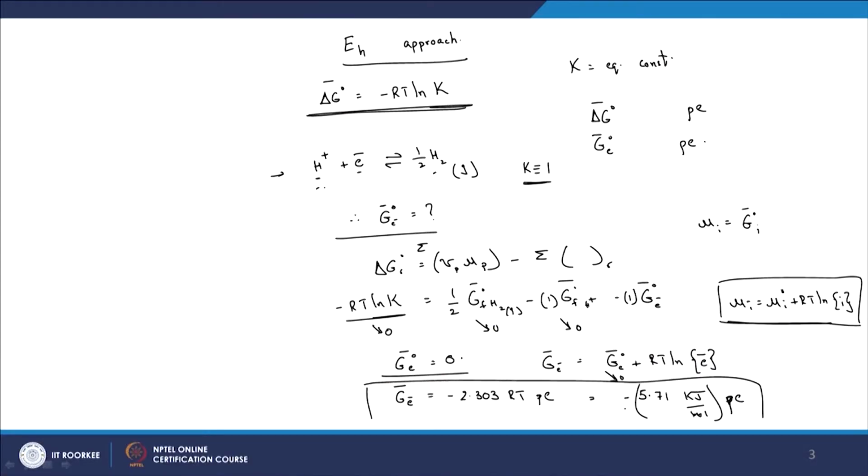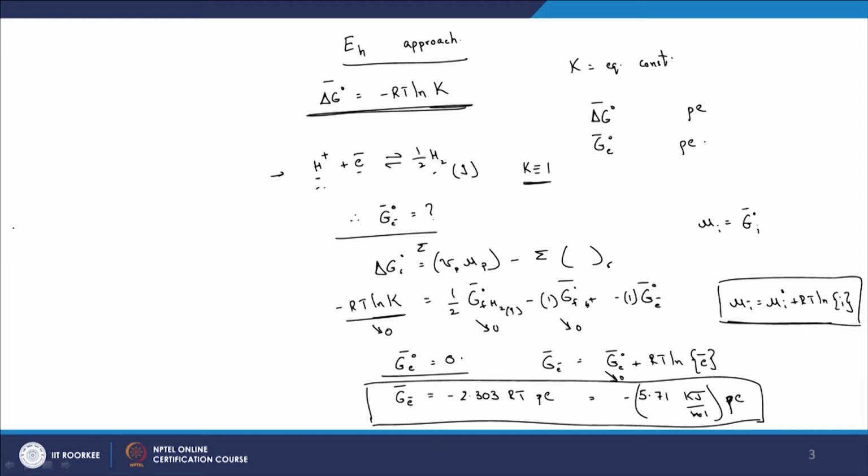The reactions would proceed in such a way that the energy would decrease, right. So, keep this in mind when we try to understand the relevant system later. So, in such a manner, we can relate the molar Gibbs energy of this particular electron in a particular system with respect to the PE of that particular half reaction, right. So, let us move on.